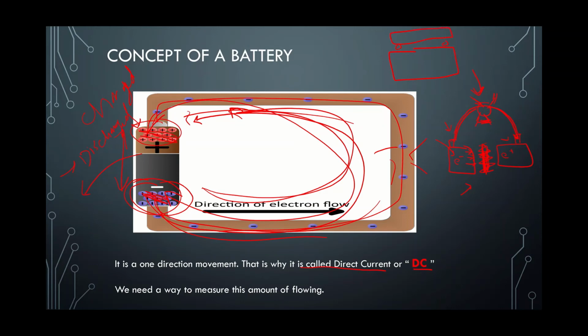Wood is an insulator. What will happen? Nothing. Why? Because even though the electrons want to move, they cannot, because the wood is an insulator. It will not allow the movement of electrons at all. That's why the battery will remain as it is.